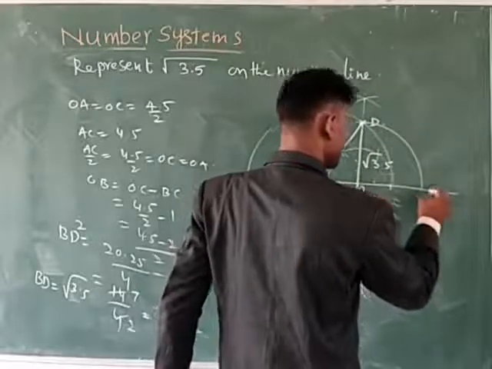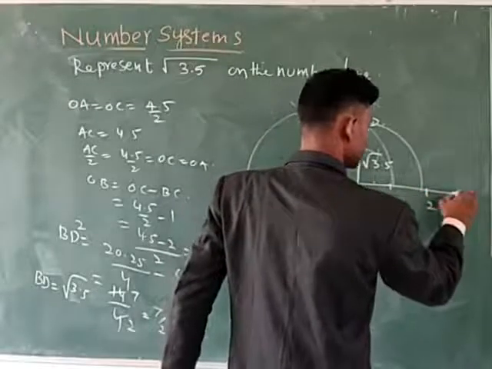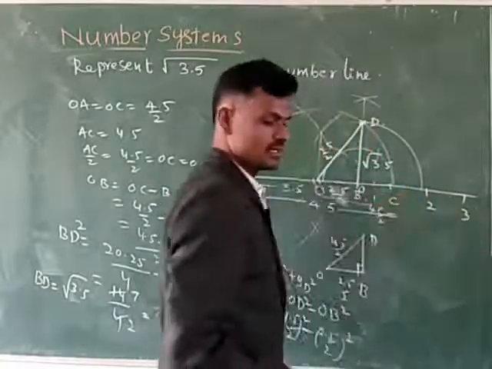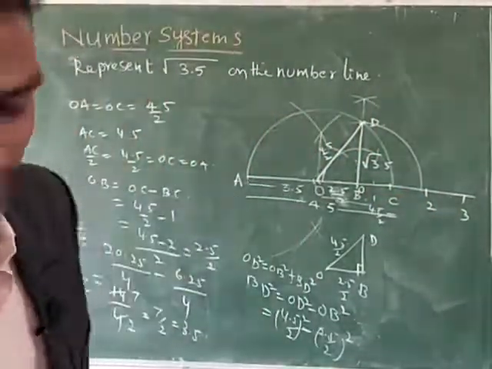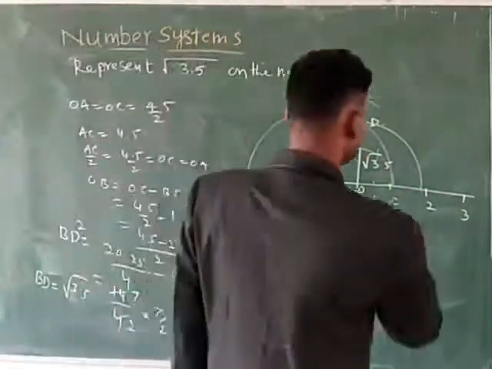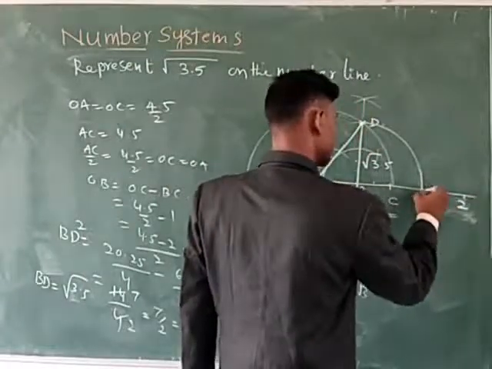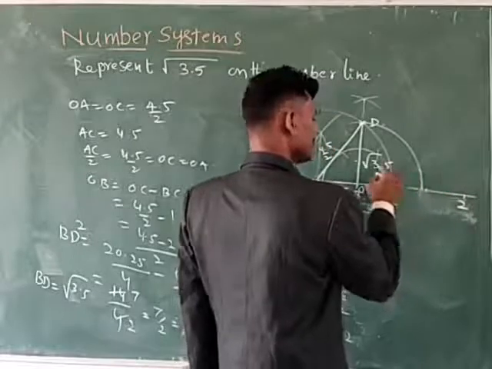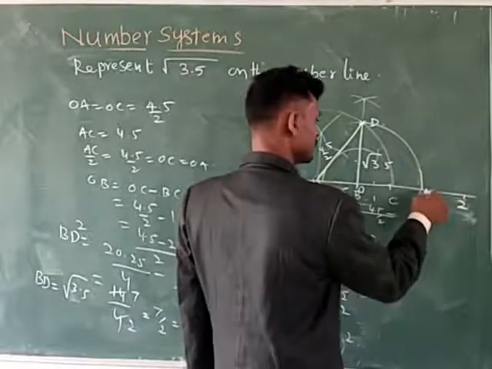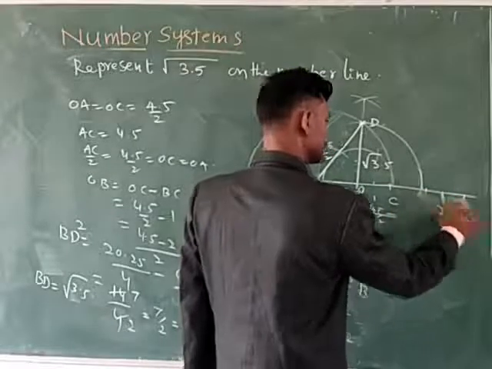This is 3 units, and this is under root 3. Root 2 means 1.414, and root 3 means 1.732. That means this is 2, this is 3.